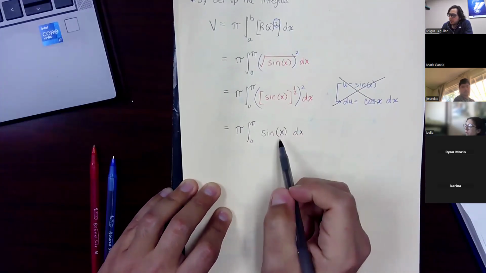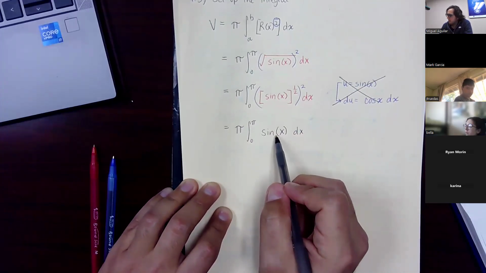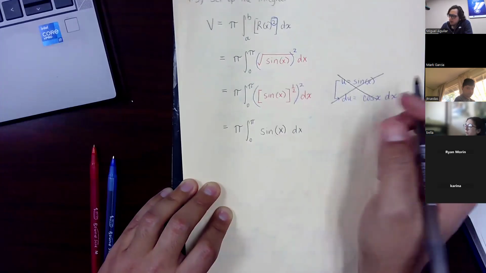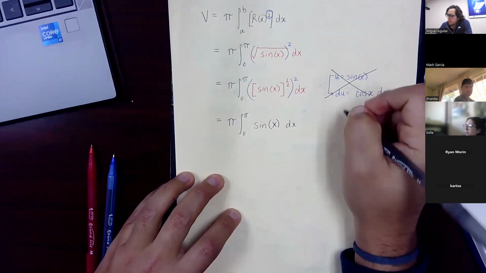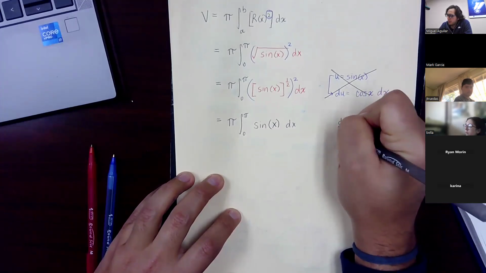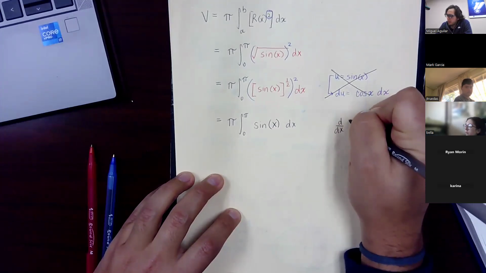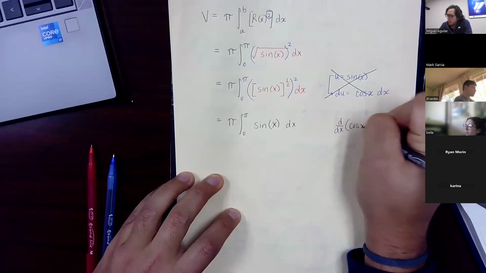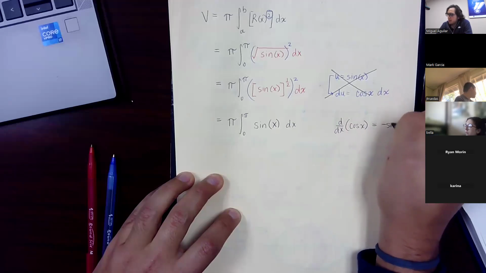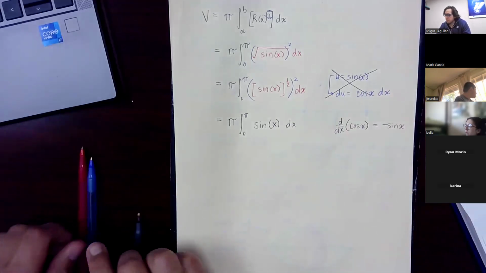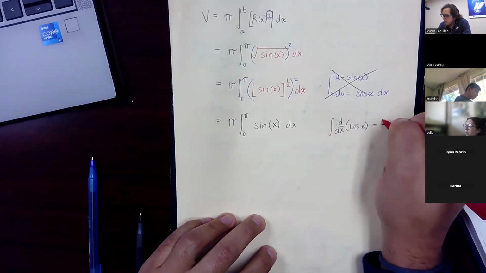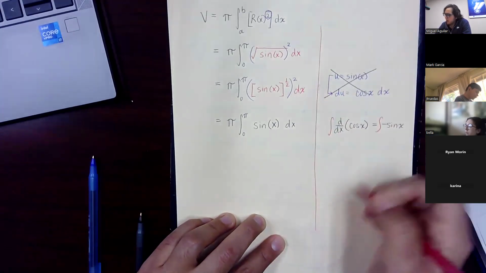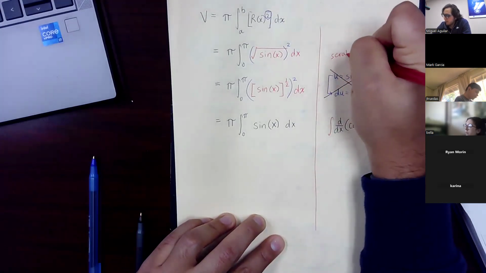That integral is just going to be negative cosine, right? So remember that if we have d/dx, a derivative of cosine of x, is equal to negative sine. Then if we think about this as a differential equation and integrate both sides, just going to put over here, this is just scratch work.